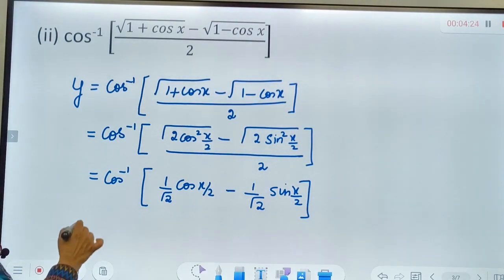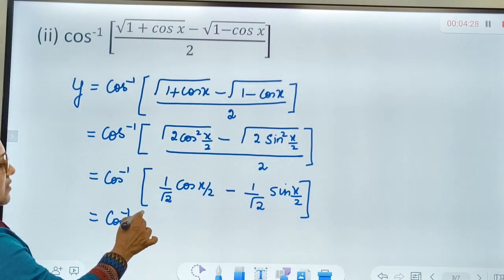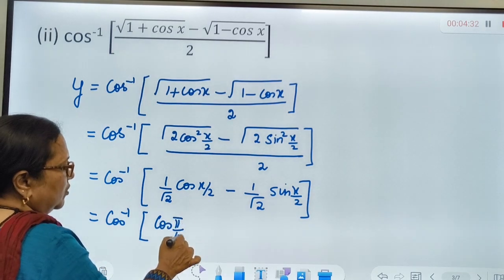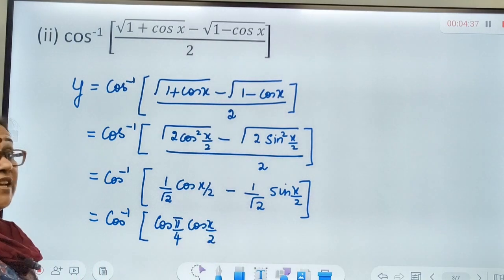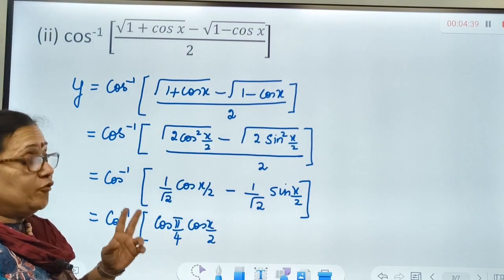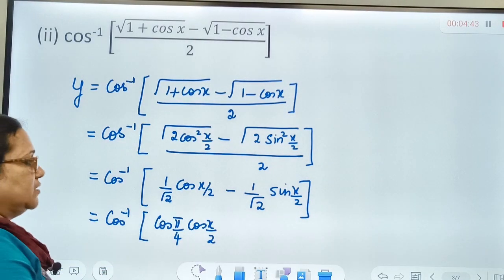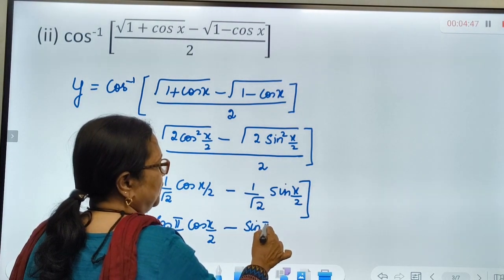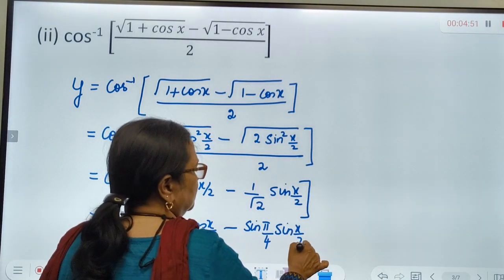Okay, now I can write this as cos inverse of 1 by root 2, I can write it as cos pi by 4 into cos x by 2. I am using that substitution, whether cos pi by 4 or sin pi by 4, depending on whether I have cos inverse here or sin inverse here, minus sin pi by 4 into sin x by 2.